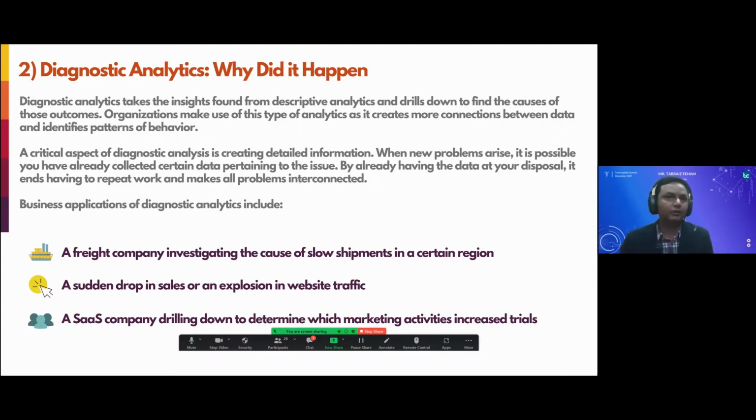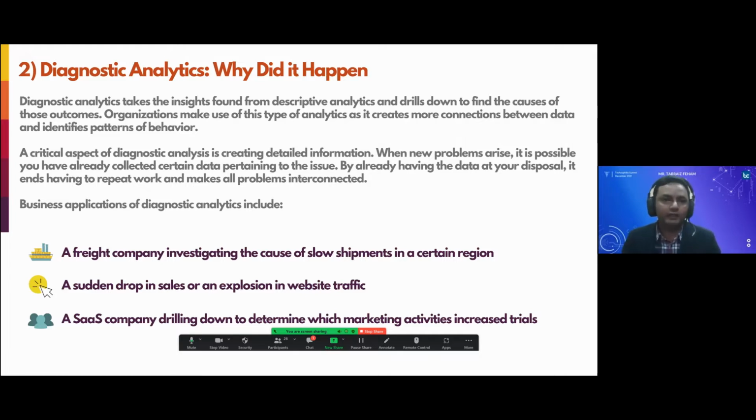Diagnostic analytics takes the insights from the previous descriptive analytics, whatever KPIs, whatever data you are collecting, and then you're analyzing it, and then suddenly you see a sharp spike, or you see a downward pattern, or you see some unexpected thing. So you would like to learn why exactly this is happening. You would like to go deeper into that event and find out what the other parameters are, what the other events are, what the other deflection is that made it happen.